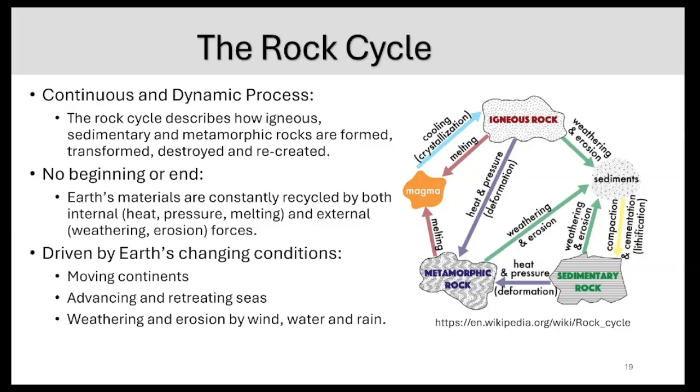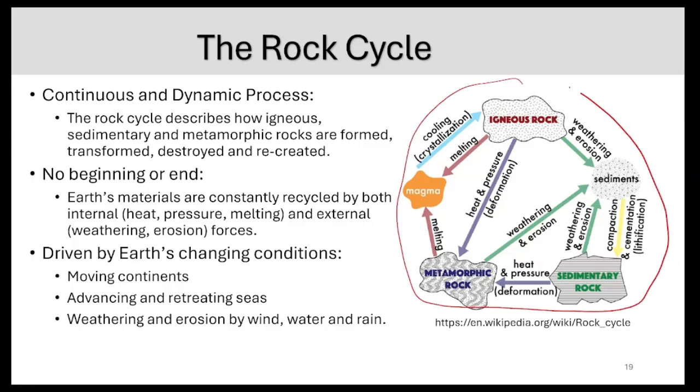It describes how rocks form, break down, and transform due to internal forces such as heat, pressure, melting, etc., or external forces such as weathering, erosion, sedimentation, etc. We can say Earth is constantly recycling its materials through this process. And we can see a quick summarized diagram of the rock cycle.